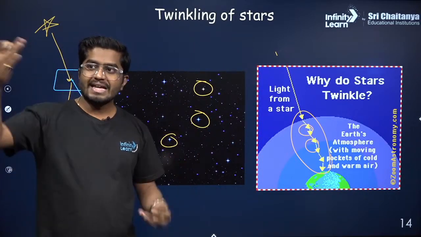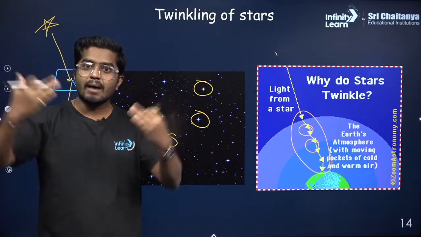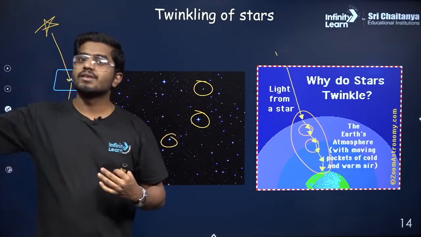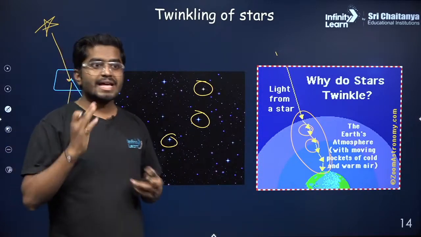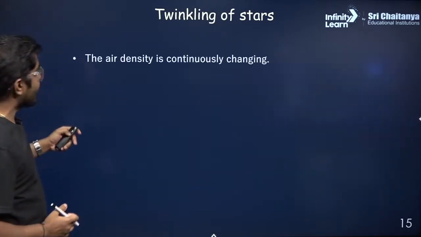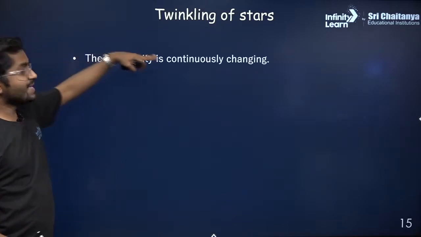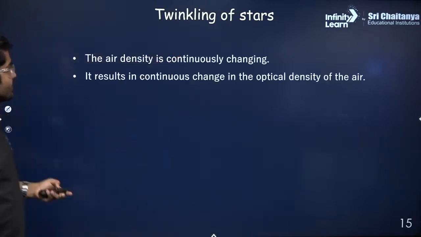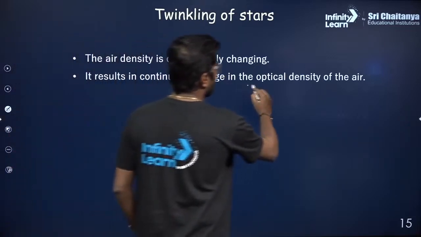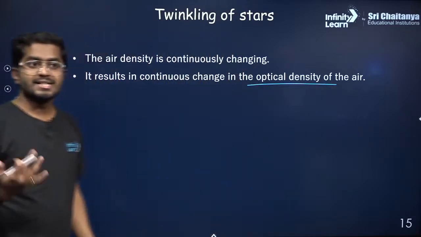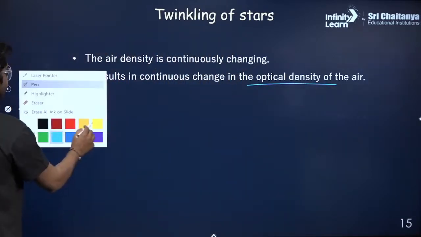So now if the light does not come to me, if the light goes somewhere else, I won't be able to see that object, correct? So that's what happens. So sometimes the air is continuously changing, and because of the continuous change, there is a change in the optical density or change in the refractive index.